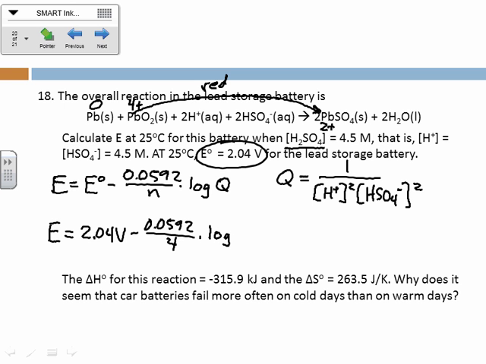So going back to our strong acid stuff. Once we find our Q here, figure this out. So 4.5 squared times 4.5 squared, take 1 over that. Our Q is going to be fairly small here. It's going to be 0.0024 something.